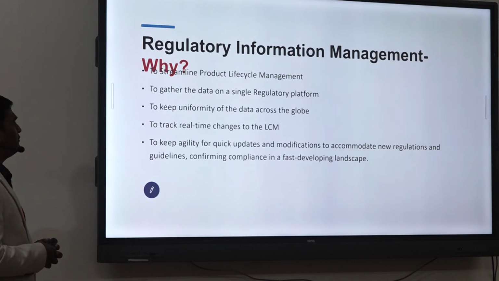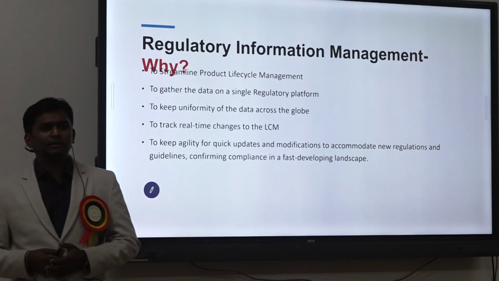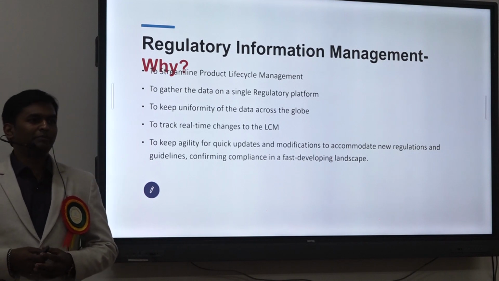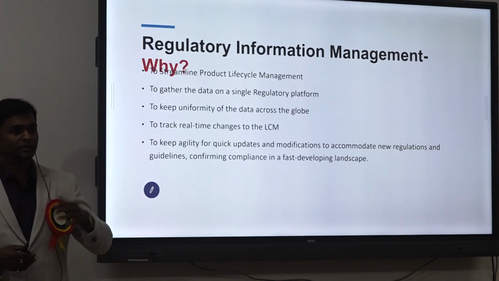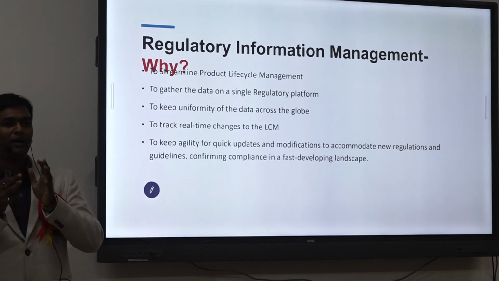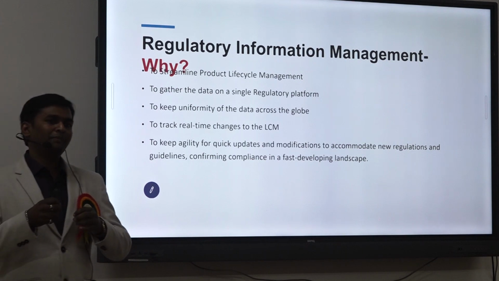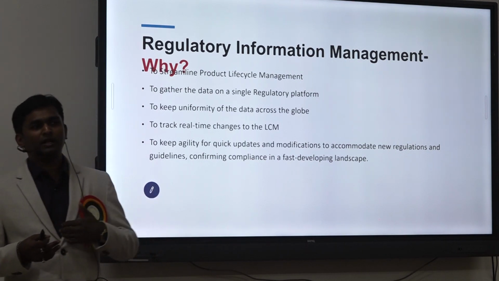Then, to keep uniformity of the data across the globe. Simple example: I'll call it tablet, someone will call it tablets, some will call it tablety. All of these are one term, but based on your choice you will call it tablets or I'll call it tablet.